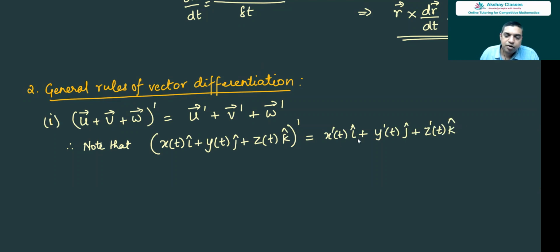Why? Because actually you would have to apply the product rule each time, but i cap always remains i cap.